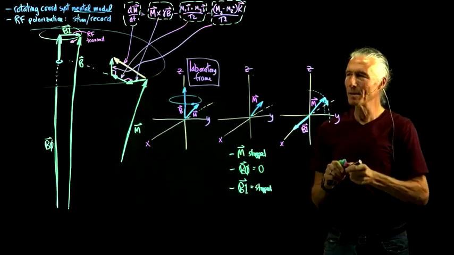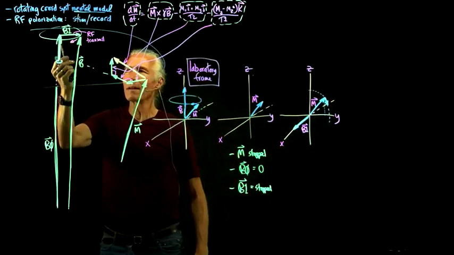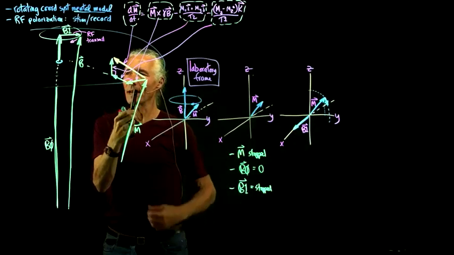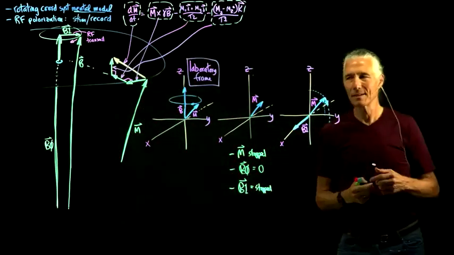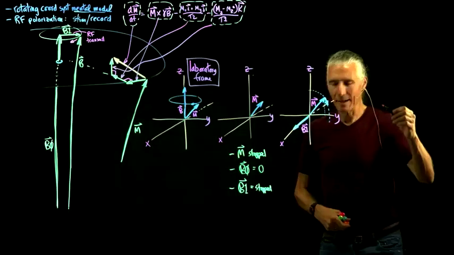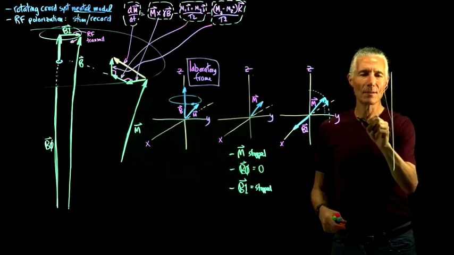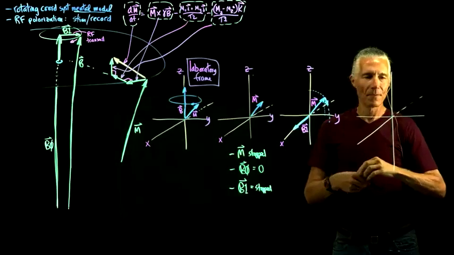What if we apply the B1 field at a different frequency than the M is going at? It turns out this happens in every single RF pulse. So how can we conceptualize that picture?